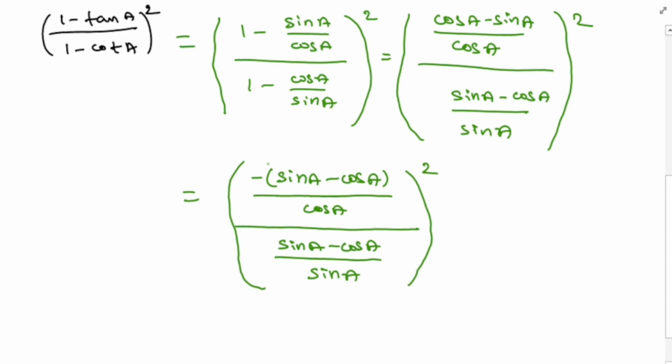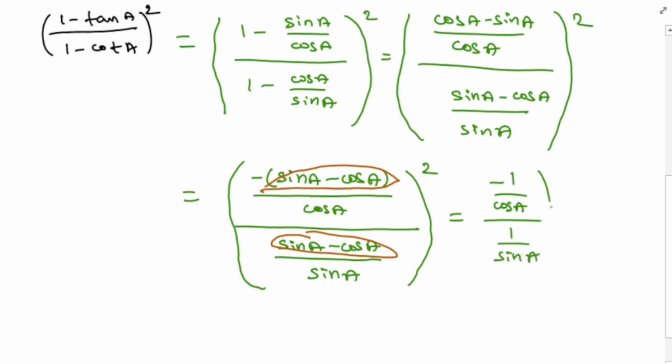This is square. So we took negative common, so minus sin A becomes plus sin A, plus cos A becomes minus cos A. In the bracket, sin A minus cos A cancels with sin A minus cos A. So we will remain with 1 divided by cos A divided by 1 divided by sin A, this square.